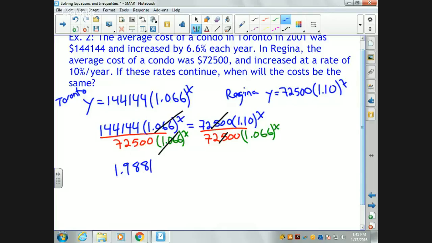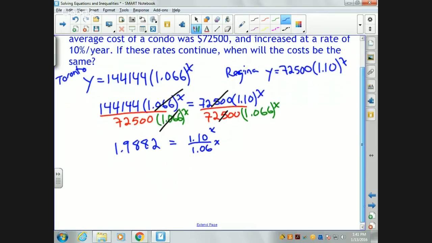So I do the division there. I get 1.9881. Sorry, that should be a 2. Now, if you look at this, there's an x in the numerator, an x in the denominator.